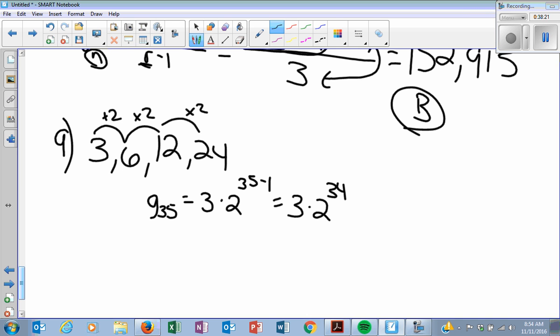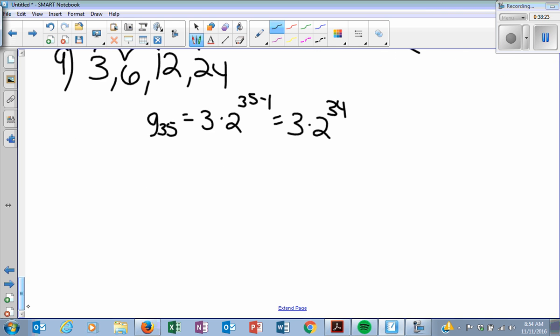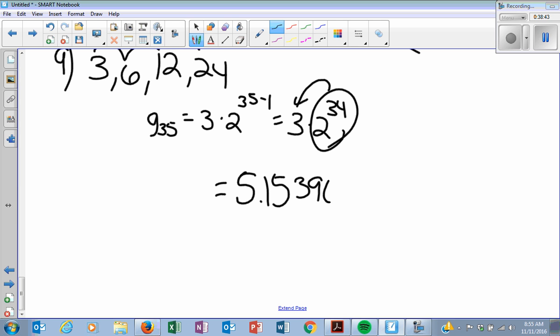So in my calculator, in the ones that I have in class, you are going to hit 2 to the 34th power. It is going to give you something in scientific notation. You're not going to touch anything except hit times 3, and it is going to look like this in the calculator. Then the calculator is going to have this little tent like that.